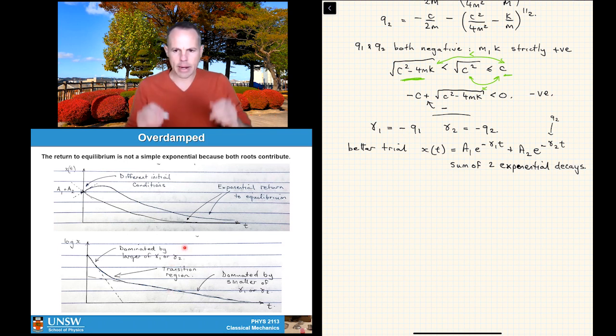You don't end up getting just a clean exponential tail in this overdamped situation. What you get is an exponential that depends a little bit on your initial conditions, and this is basically why we're not solving for A1 and A2, because it depends for a specific problem on what your initial conditions are.